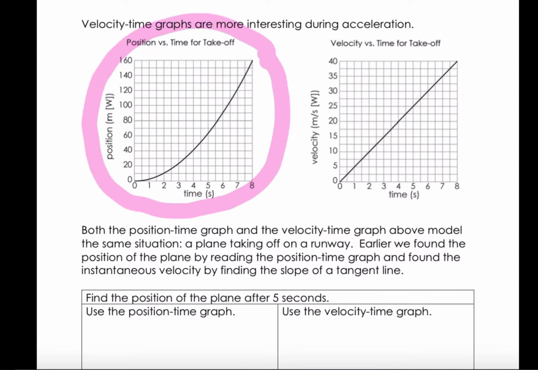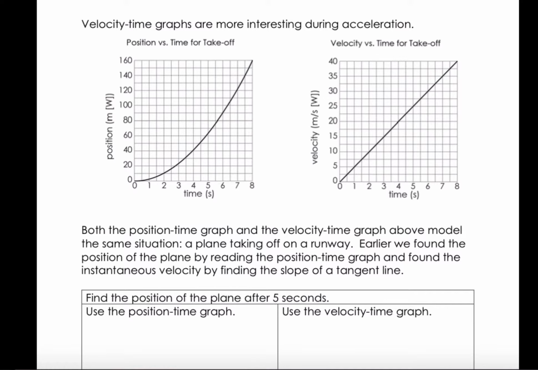We notice that there is a sloped line or a quadratic line that shows acceleration on a position versus time graph. There are no straight lines to show constant velocity. Velocity is constantly changing. Both the position time graphs and the velocity time graphs above model the same situation. It's a plane taking off on a runway.